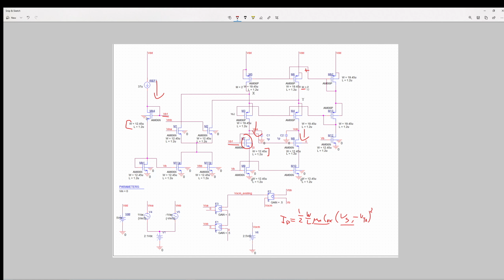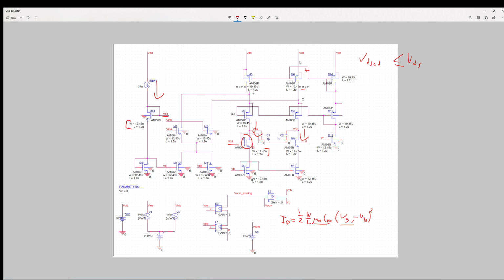And for this MOSFET to stay in saturation, based on the equation models we have, we need VD-sat to be less than or equal to the drain source voltage.